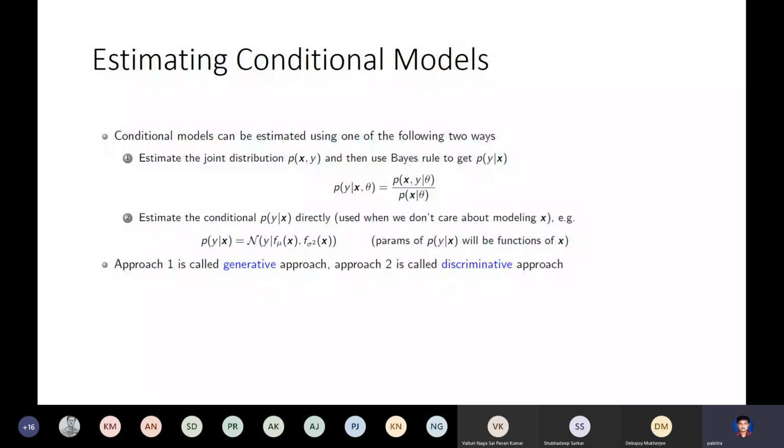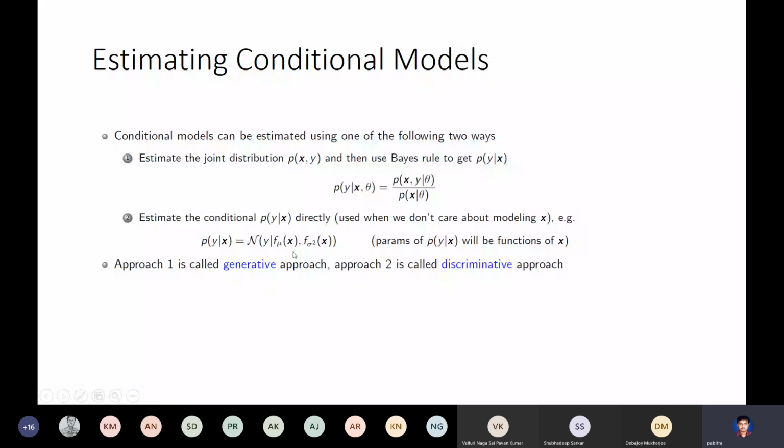The second approach, called a discriminative approach, directly finds out p of y given x. It is not interested in this joint probability. It finds out y given x, and this p of y given x will be a distribution. The parameters of these distributions are now functions of x. Say this is a normal distribution: y given x is normal with parameters f mu and f sigma square, which are themselves functions of x.